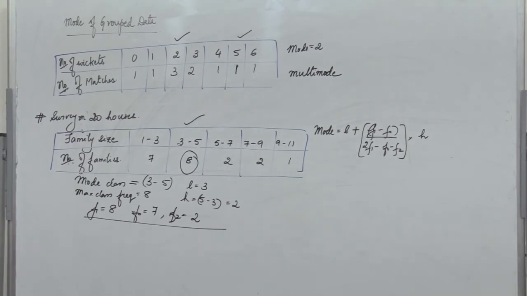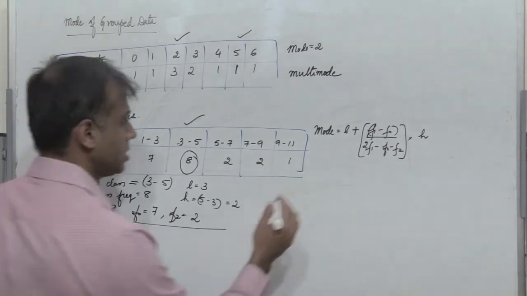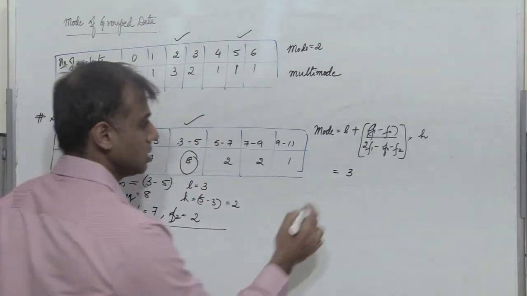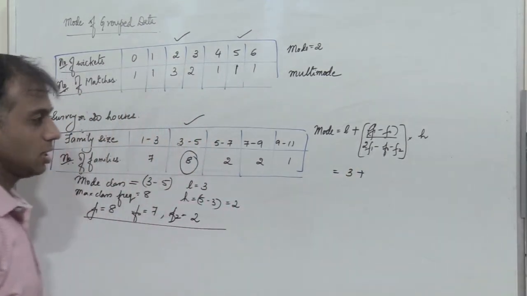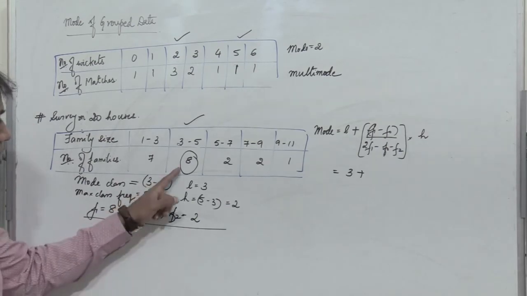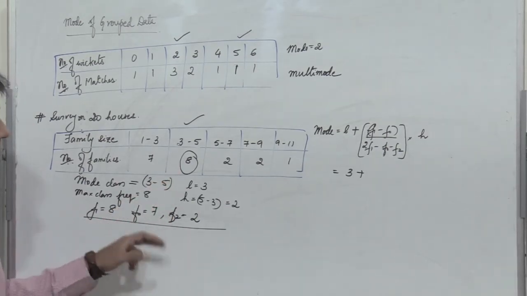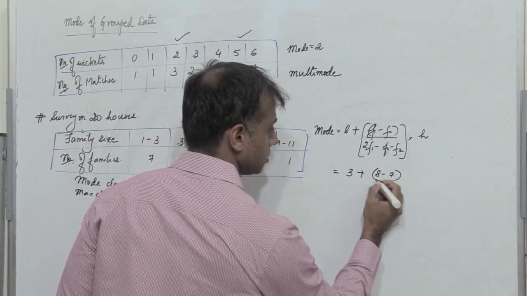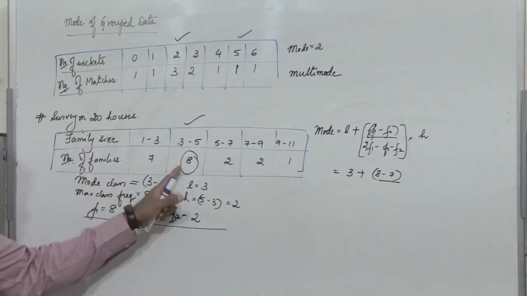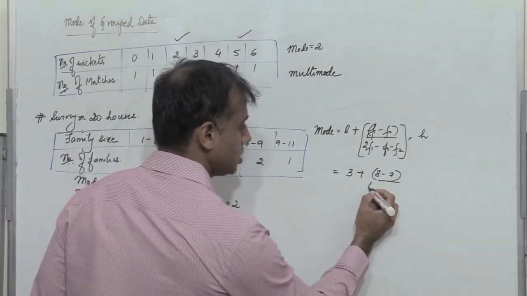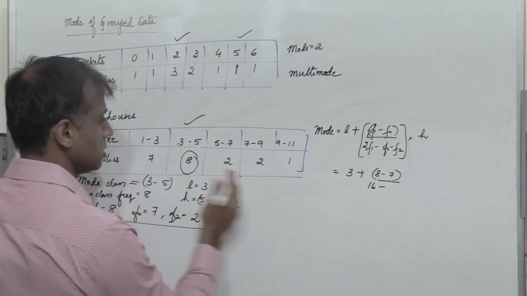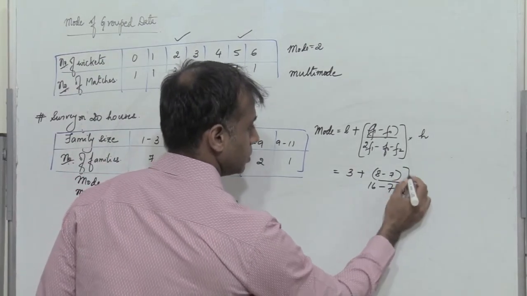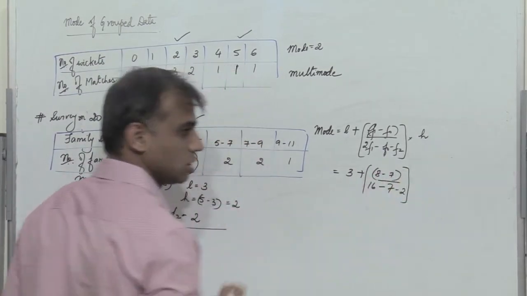Right? So now let us substitute all these values. The mode is equal to L, which is 3, the lower limit, plus F1 minus F0. F1 is the frequency of the modal class, which is 8, minus F0, which is 7. So 8 minus 7 divided by 2F1, 2 into 8 is 16, minus F0 which is 7, minus F2 which is 2, into H. So what is H?